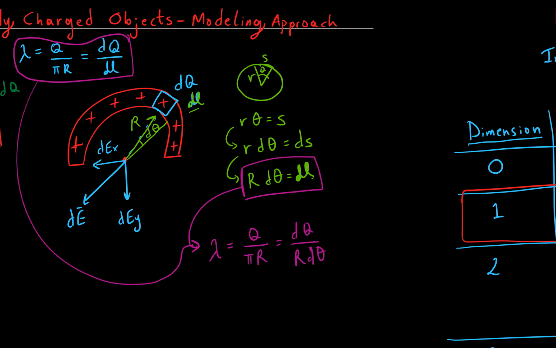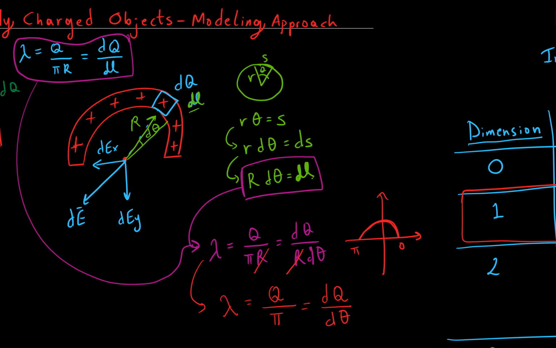Lo and behold, we don't really need to worry about what our radius is here. We can cancel them off on both sides. So we see that we can make our intensive variable q over pi is equal to dq over d theta. And it makes sense. The bounds for theta is going to be pi. That's what we have when we're dealing with a semicircle. It goes from 0 to pi. And that's what our charged wire is in the shape of.